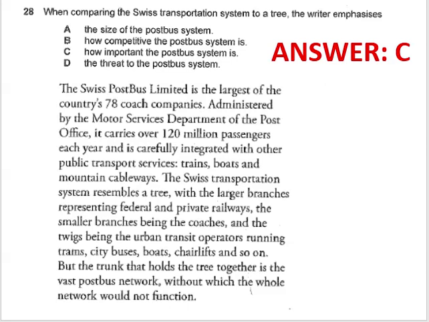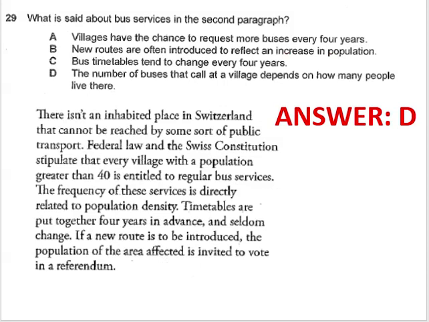So let's proceed with following the same approach for the next question. What is said about bus services in the second paragraph? So clearly the keywords are bus services, second paragraph. So now let's directly read the text. There isn't an inhabited place in Switzerland that cannot be reached by some sort of public transport.